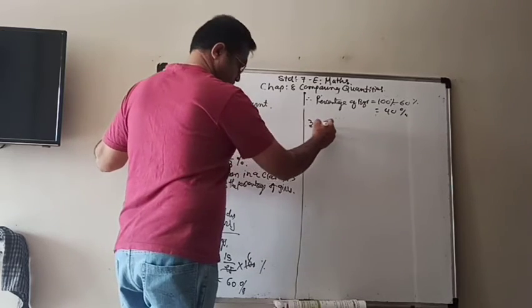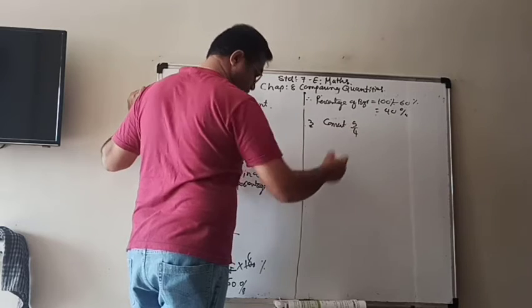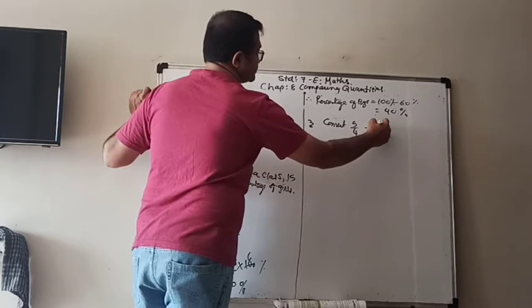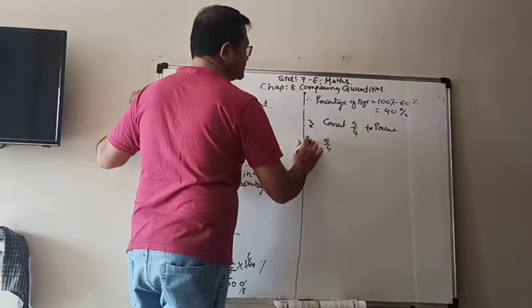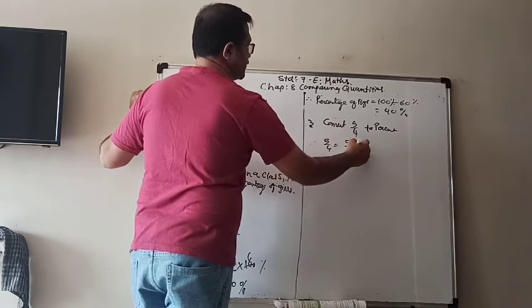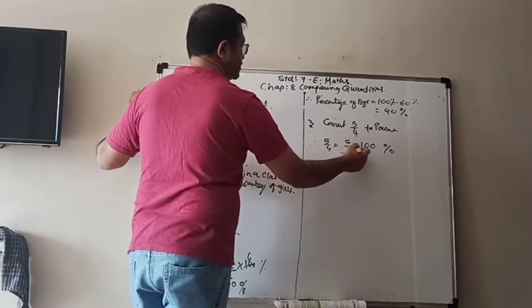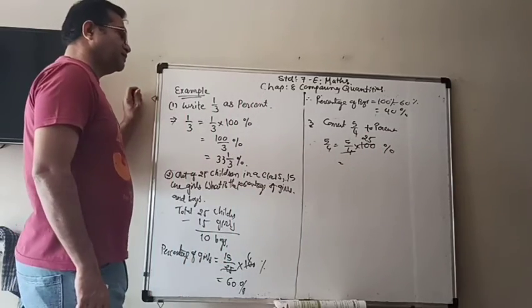Next one: convert 5 upon 4 to percent. So 5 upon 4 is equal to 5 upon 4 multiplied by 100%. 4 25s are 100.